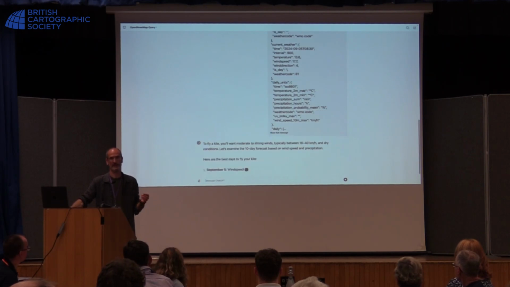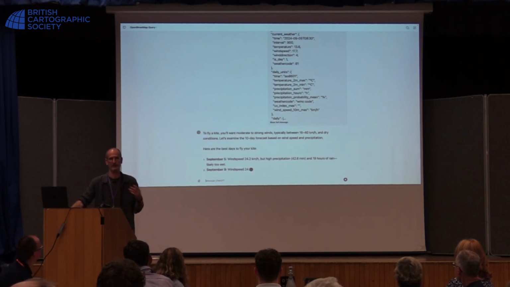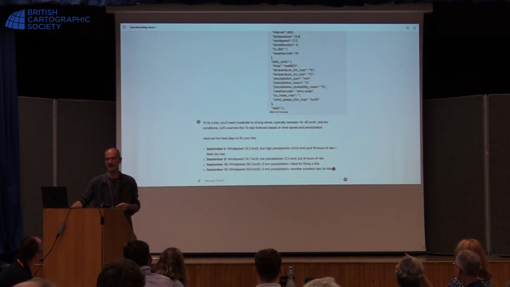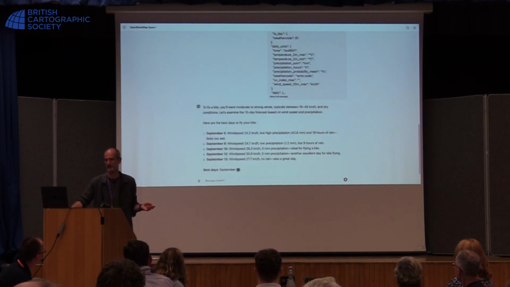You might hear the term RAG, which is retrieval augmented generation. Basically, it means you give it some relevant data that it couldn't possibly know from its memory, and you ask your question again, and it gives you a better answer.